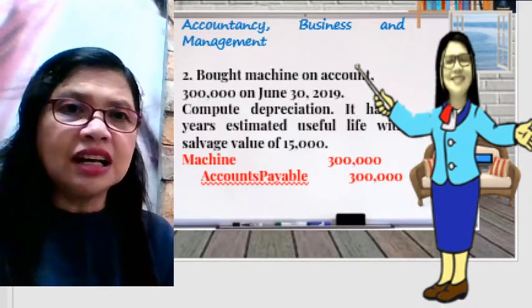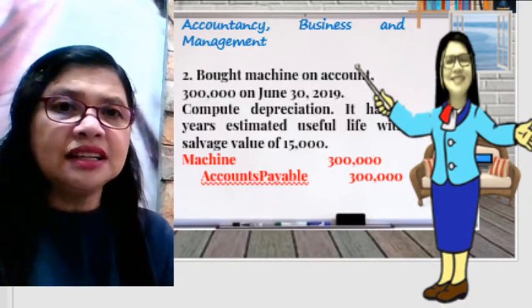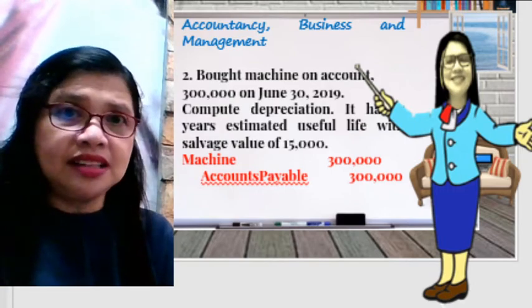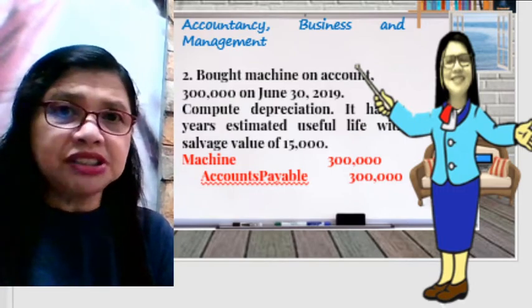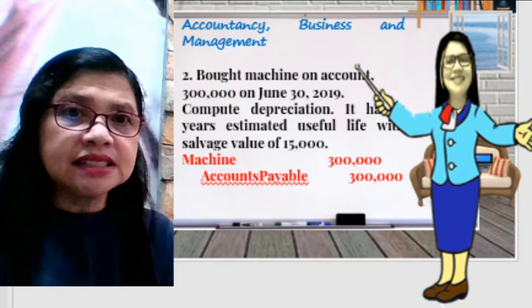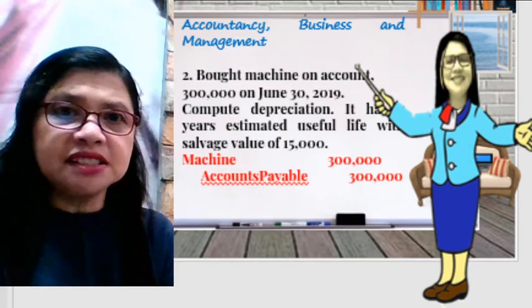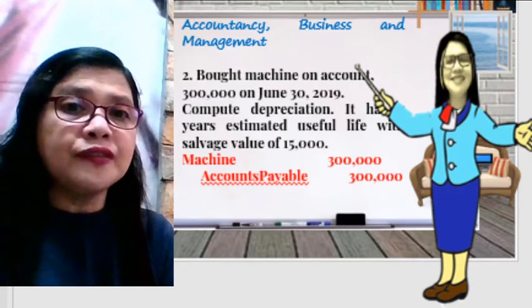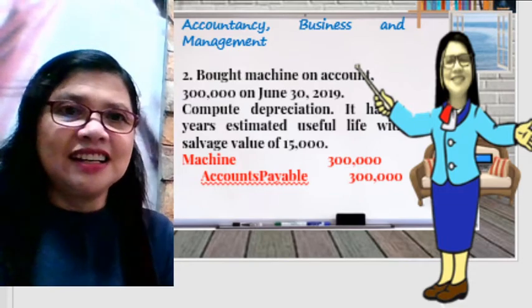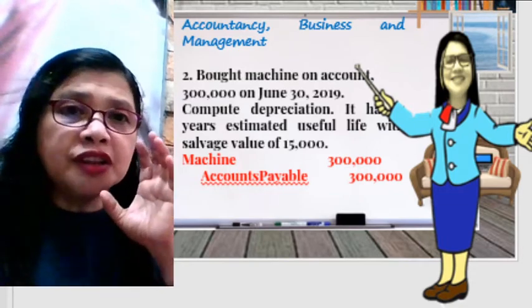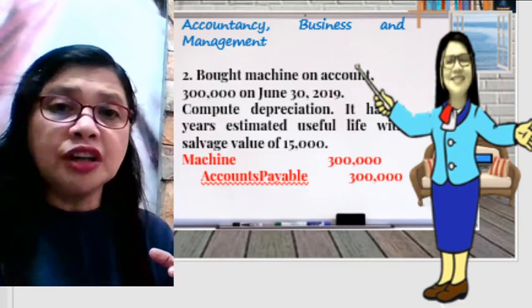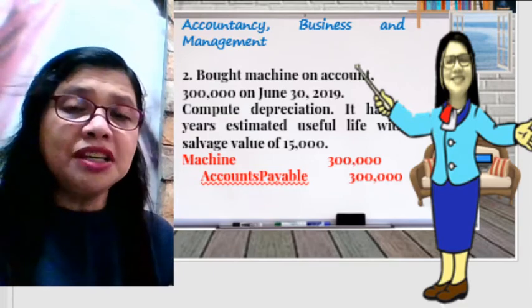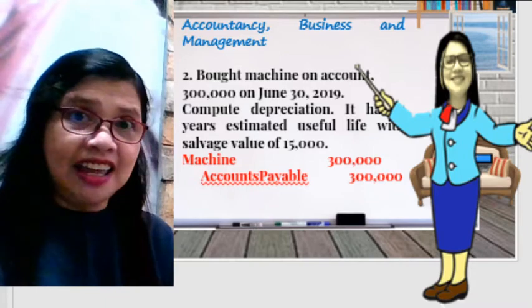Next, bought machine on account, 300,000 on January 30, 2019. Compute for the depreciation. It has 5 years estimated life with a salvage value of 15,000. But for the information on the depreciation, we will be using that at the adjusting entry at the end.